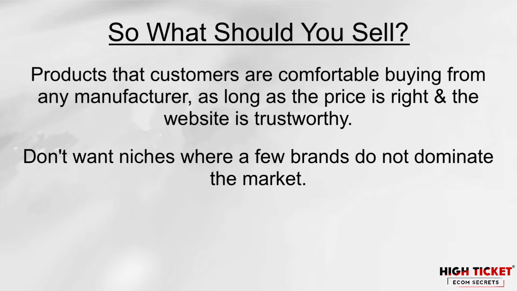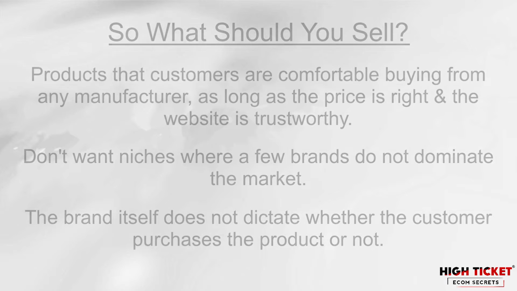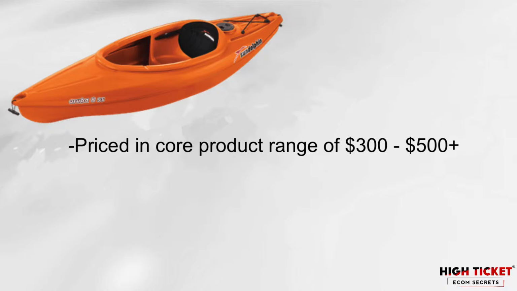So think about something that you've purchased before that the brand itself didn't dictate whether you purchased the product or not. For example, your customers probably don't care what brand of kayak they buy. That's a good example of a product that does not have brand loyalty, going back to the kayak example we've been looking at throughout the first few modules. So let's go through our niche criteria up to this point using the kayak. It's priced at our core product range of $300 to $500 plus.